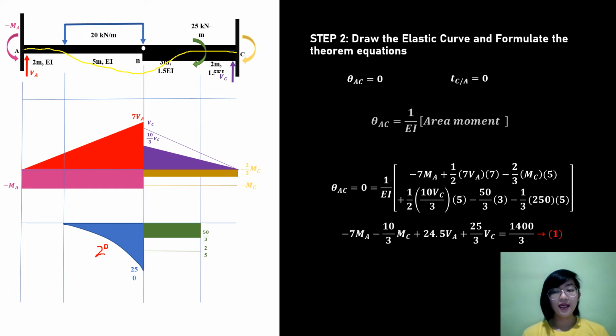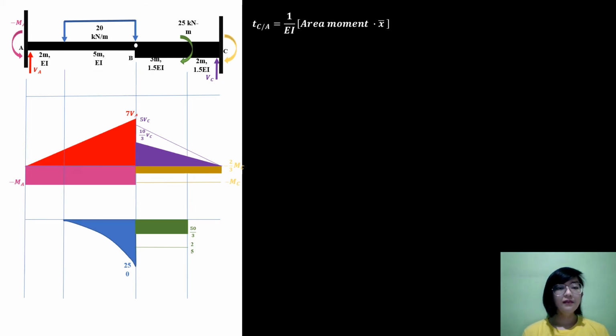We can get our second equation sa TCA. So, let's go to next slide. So, this one. This one is the formula for tangential deviation. 1 over EI times area moment times moment arm, or the distance of the centroid to the reference line. So, in this case, our reference line would be point C. So, point C yung reference line natin dyan.